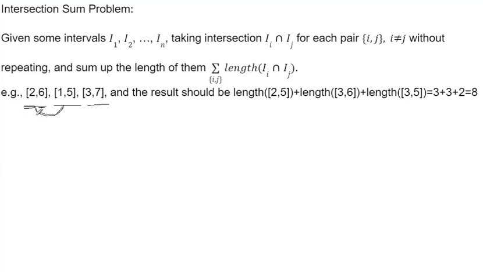This is the first intersection. Then we check the intersection of I1 and I3. This is the second intersection. And then the intersection of I2 and I3. So it's actually a combination problem. In total, there are 3 intervals, so we have 3 intersections to check.